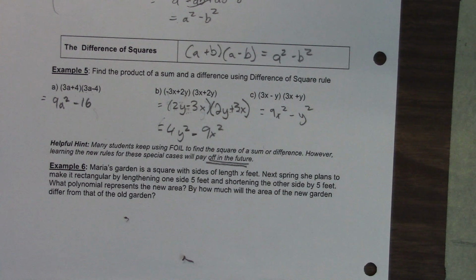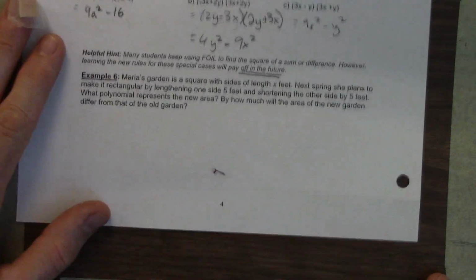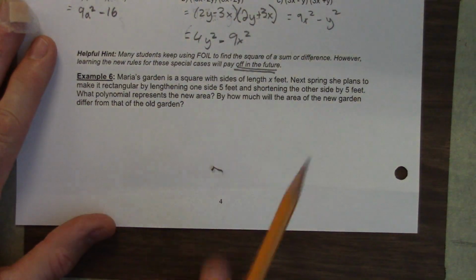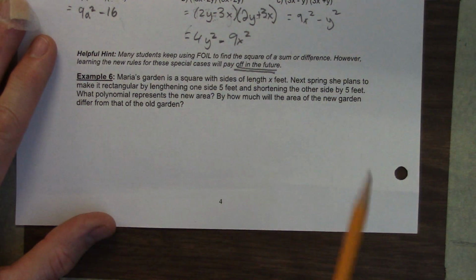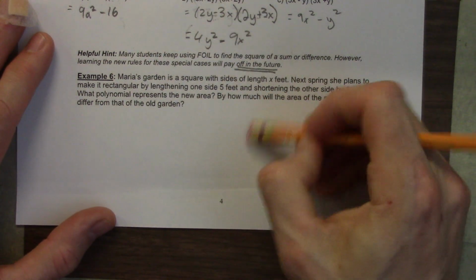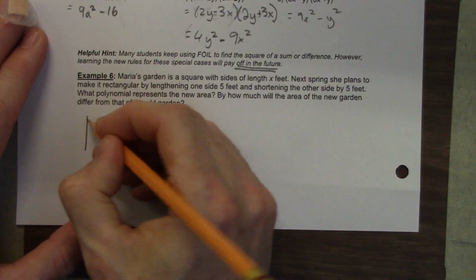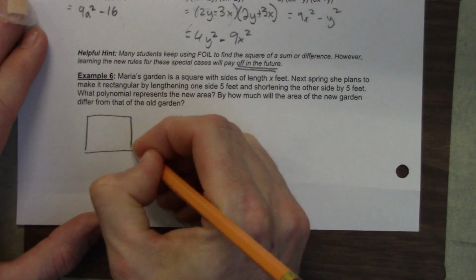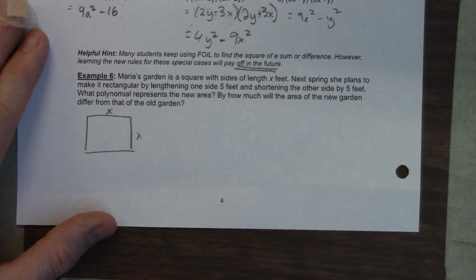All right? Last question. Maria's garden is square with sides of length x feet. Okay, so she has a square garden, so we'll draw it out. Nice square. Okay, and it tells us the sides are x.